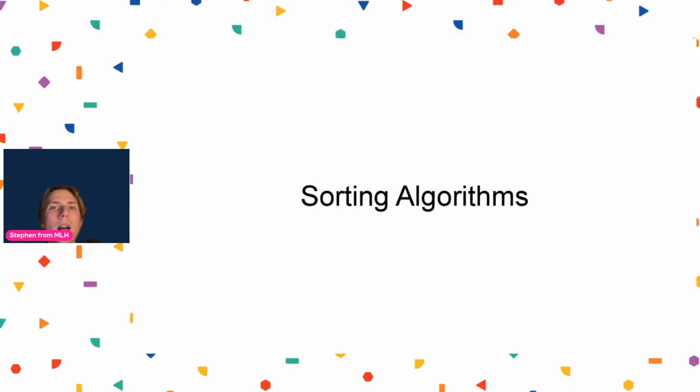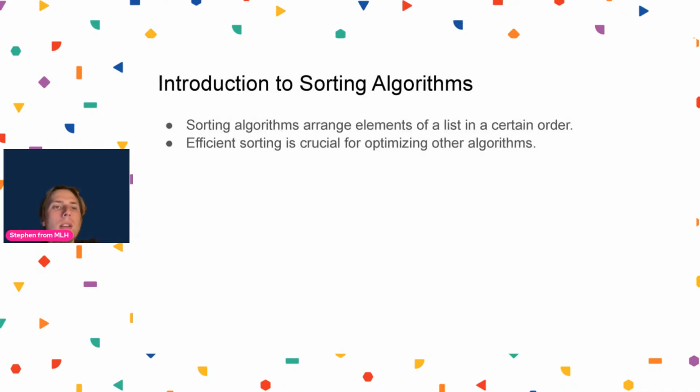You might see how complexity, big O, and time complexity play out when we look at some of these sorting algorithms. So first, we're going to talk about an introduction to sorting algorithms, and what even are these things? Sorting algorithms arrange the elements of a list in a certain order.